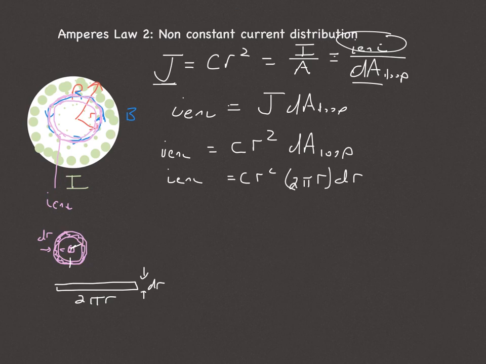All right, now we have to integrate that. So we're going to combine the like terms. So we're going to have 2 pi c times r cubed dr. Since 2 pi and c are all constants, we're just going to integrate that part.